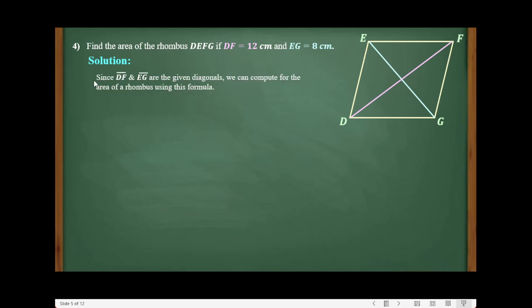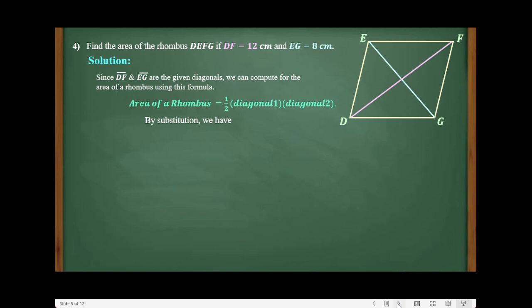Now, since segment DF and segment EG are the given diagonals, we can compute the area of a rhombus using this formula: the area of a rhombus is equal to 1/2 the product of the two diagonals.